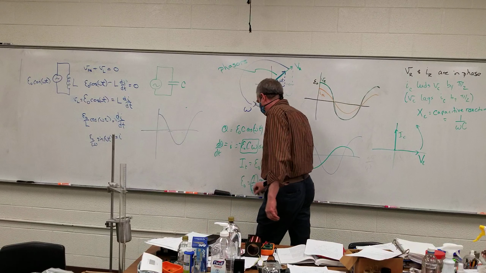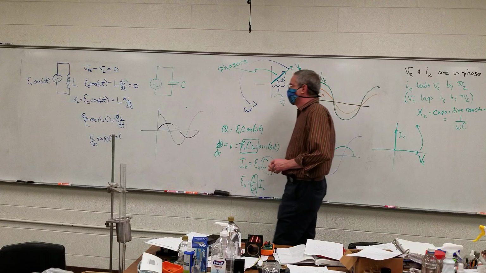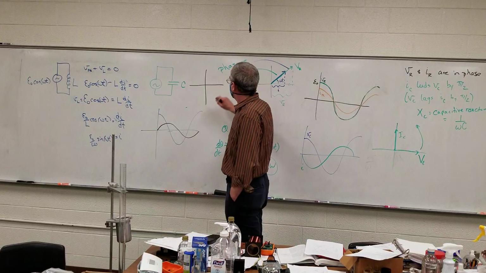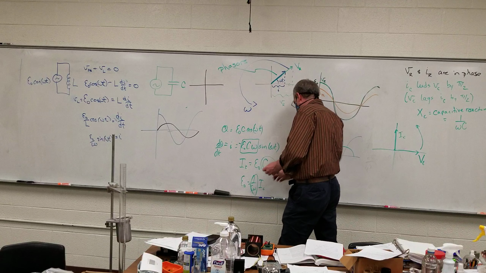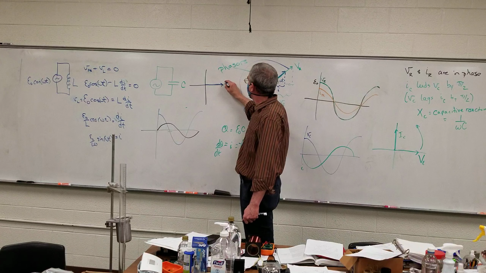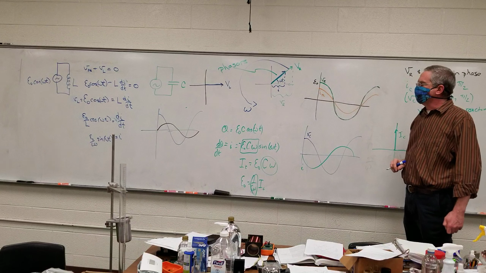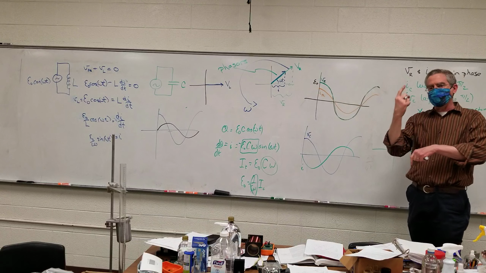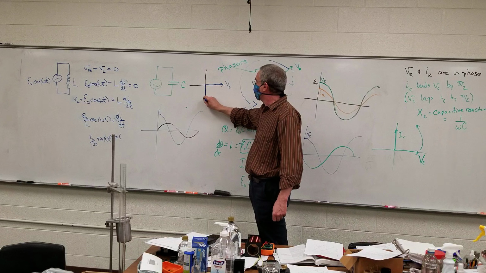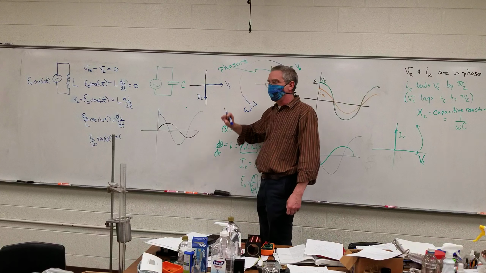My current is a positive sine, so if I plotted my phasors here, and that is my voltage across the inductor, my current across the inductor starts out at 0, so it's pointing up or down, and then immediately becomes positive, which means it's pointing down. And so this time the voltage is in the lead.